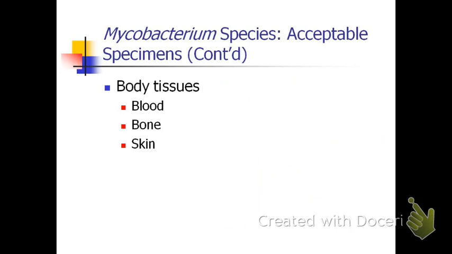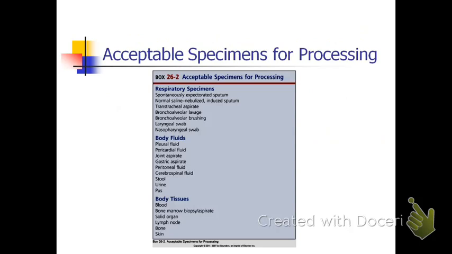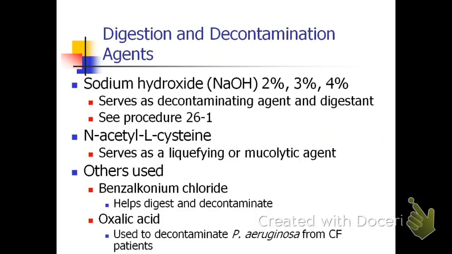Okay, body tissues such as the blood, bone, and skin. Again, this is also for the diagnosis of extrapulmonary tuberculosis. So in summary, you may refer to box 26-2 of your book to determine the different acceptable specimens for processing.